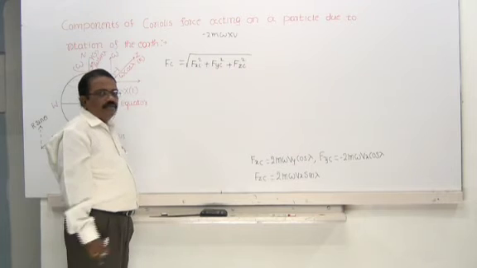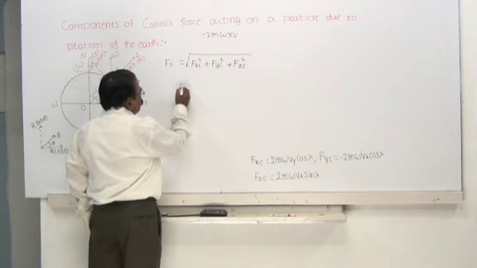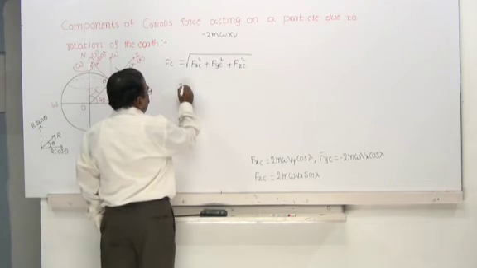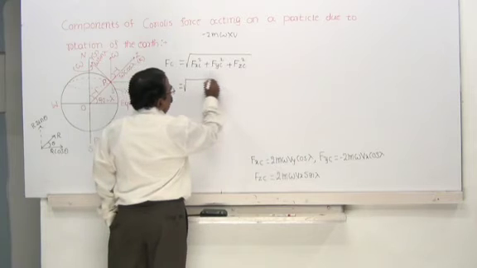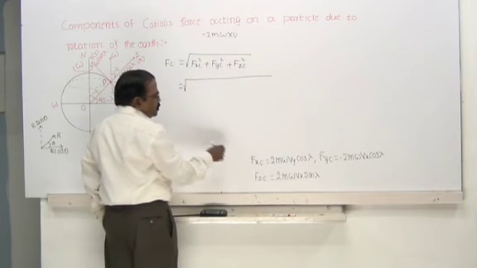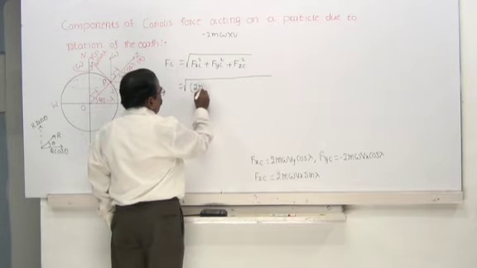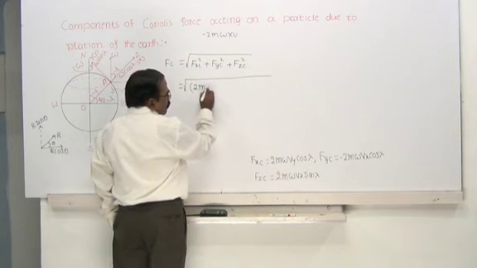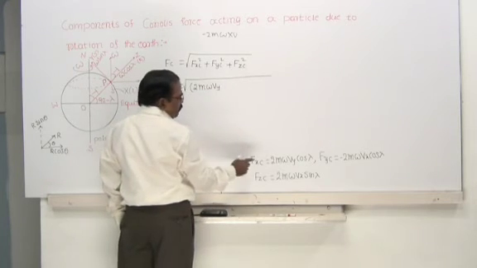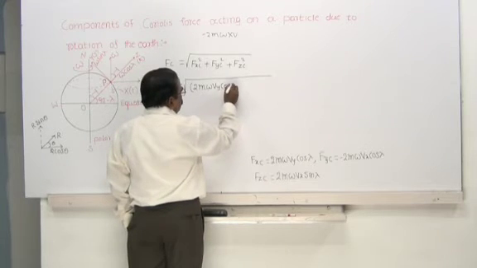Substitute these values. We are calculating the magnitudes. So it is the square root of, your F_x is 2m omega Vy cos lambda, whole squared.